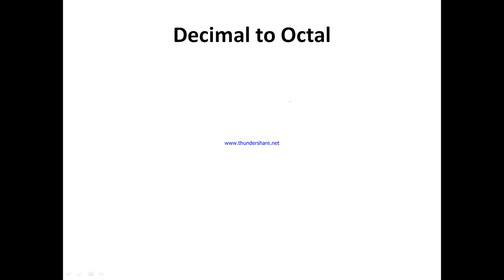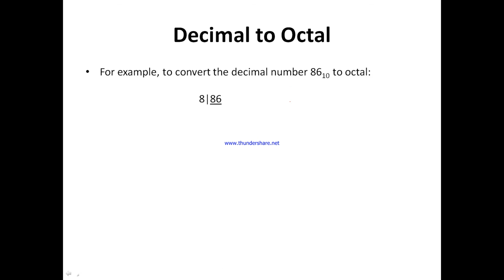The next one is decimal to octal conversion. Decimal to octal is very simple. You have to divide this number 86 by 8. While dividing 86 by 8, we get 10 into 8 is 80, so we put 10. The remainder is 6.